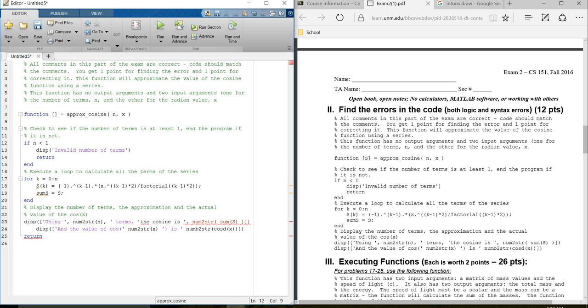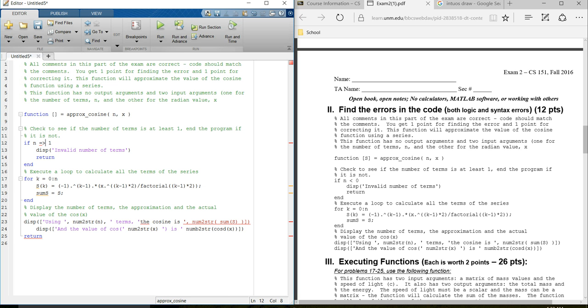We're going to say at least 1, which means that it could be greater than 1. So we want this: if n is at the minimum value 1 or greater.